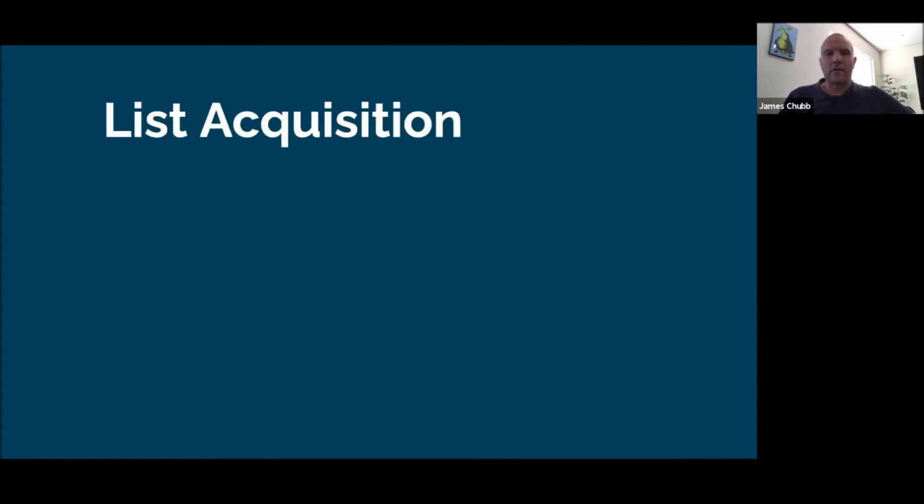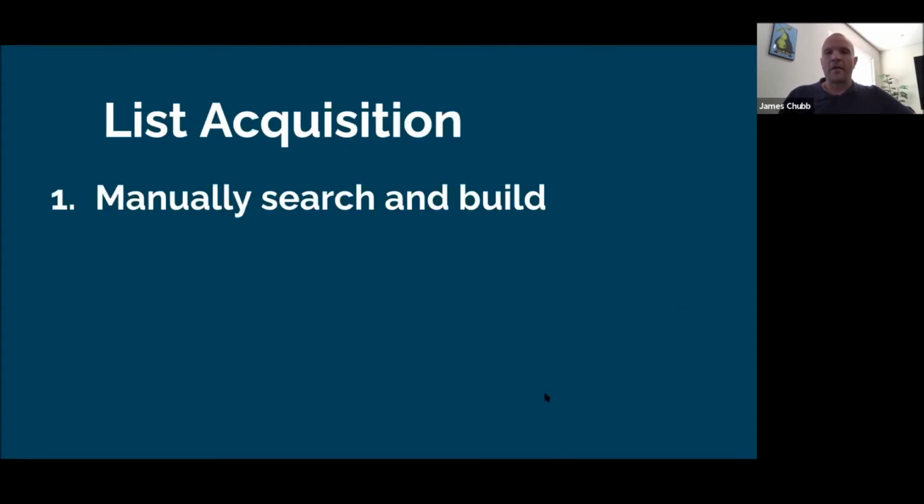First, list acquisition. There's a number of ways to do this. This works really well: you can just manually search and build a listing. You can go to Google, go through the areas or segments you're targeting, do the work, put it in a spreadsheet, and then import it into eDirectory. That's certainly a great way to get started. It works well.